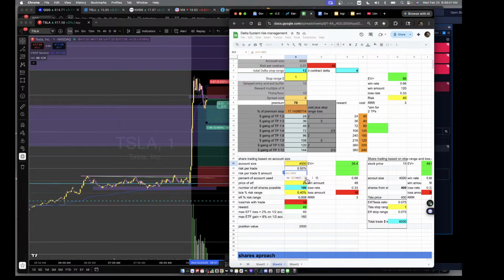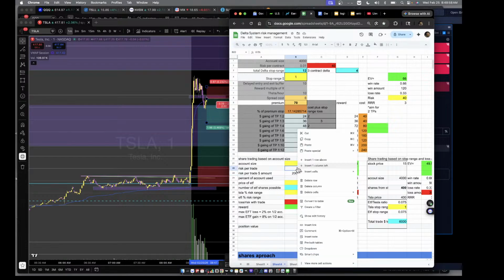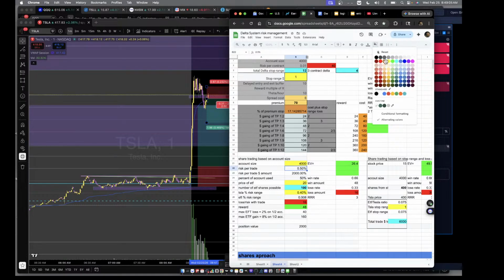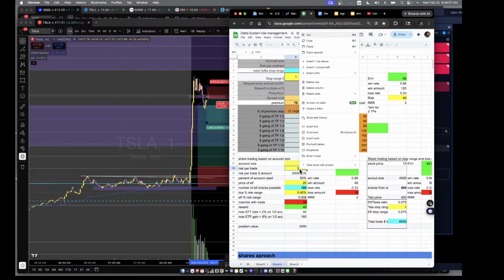Why 20, bro? What the fuck is this? This does not make sense. You can all see this does not make sense. This is a glitch on the spreadsheet. Oh my god, bro. Okay, well, we found a problem.